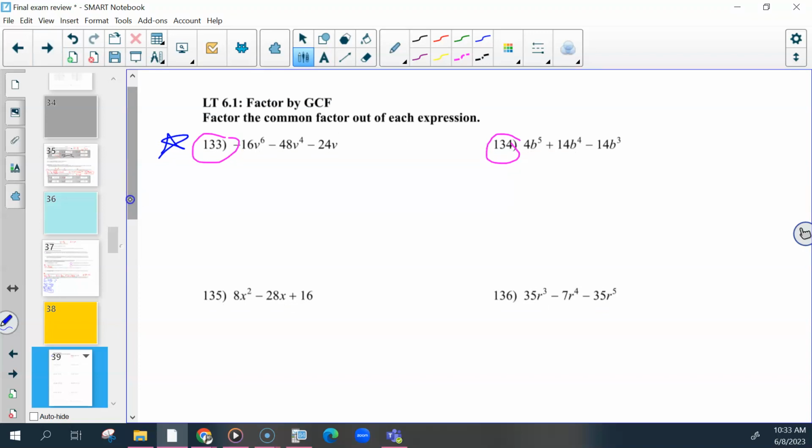The goal for these is to find what they each have in common and divide that out of everything. So if you're not sure, you can list out the factors of each number.